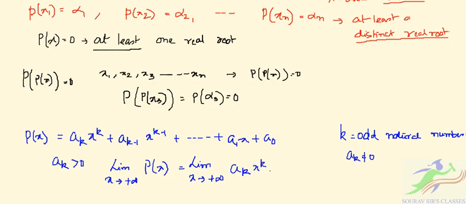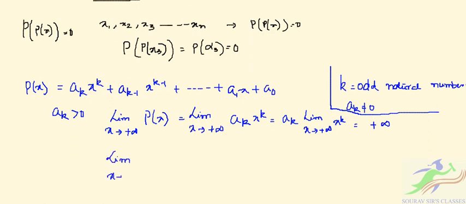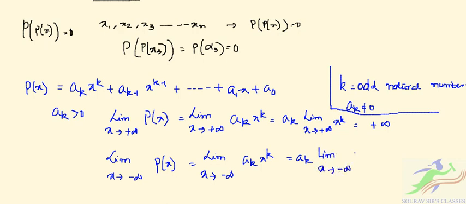And limit x tends to minus infinity of P(x) is a_k times the limit of x^k, which is minus infinity.